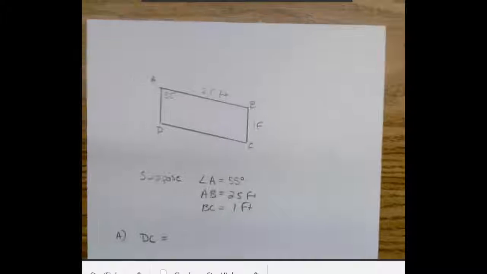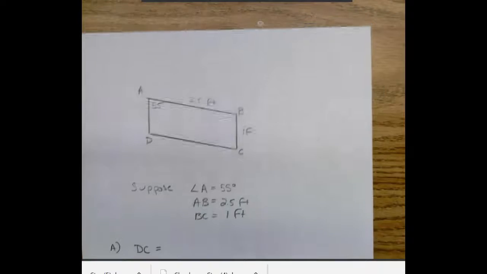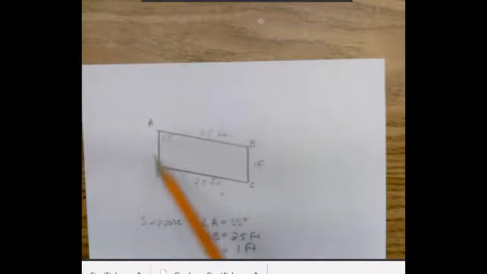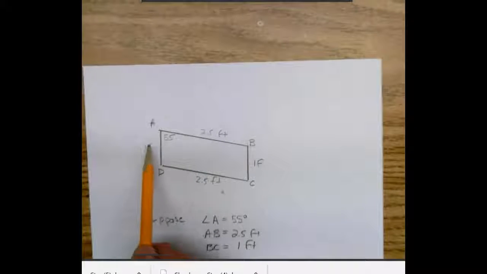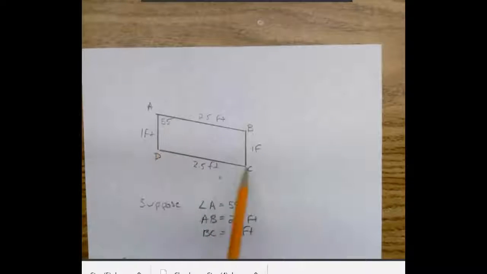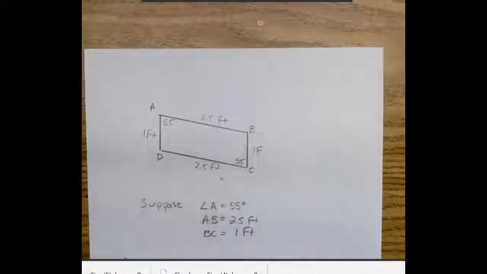So then we can solve for some of these other ones, but if you have this condition where you know this is a parallelogram, you know some things are true. Like these two sides are equal, so we can also call this 2.5 feet. And then we know BC and AD are equal, so we can say this is 1 foot. And then we also know opposite angles, right? So 55, angle A is congruent with angle C, so we know that's 55 degrees.